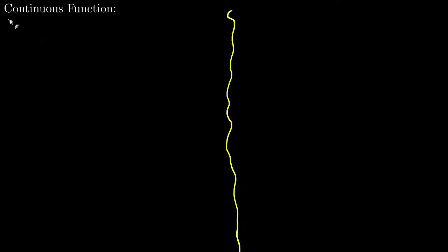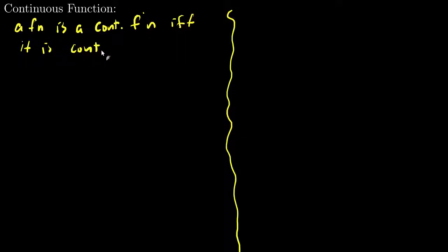One definition is to say a function is a continuous function if it is continuous at all x values in its domain. And this one's a little bit strange.